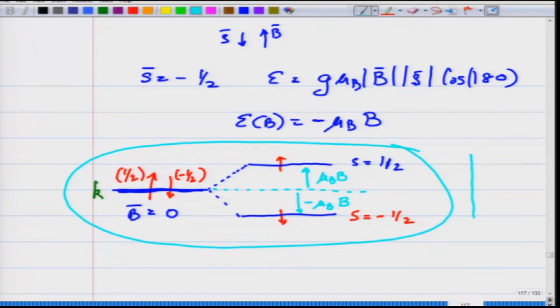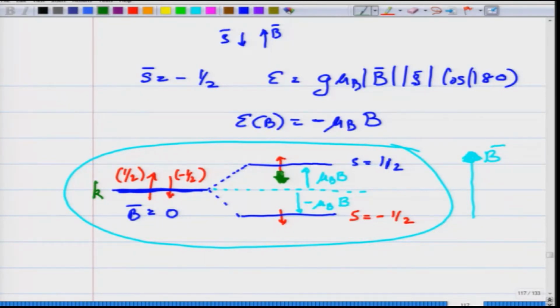Let us take this as the magnetic field direction B. If I draw the magnetic moment of the particle, for the spin half particle, this is the direction of the magnetic moment.